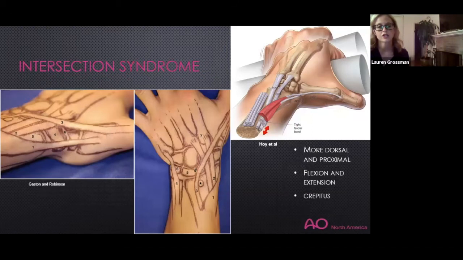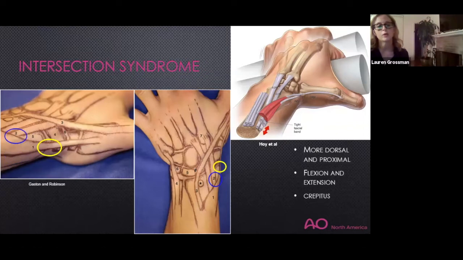There's intersection syndrome, which is more dorsal or ulnar and more proximal, and it's diagnosed with flexion and extension with crepitus and pain in the area. You could see the difference between the first extensor compartment and the second extensor compartment. The yellow arrow is where the first dorsal extensor compartment is, where de Quervain's tenosynovitis is.